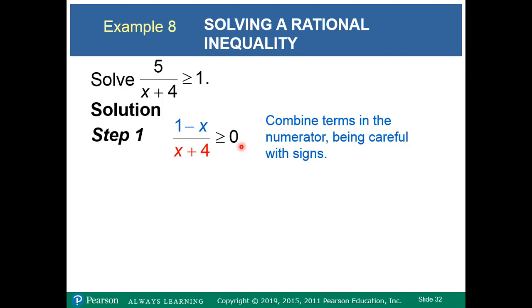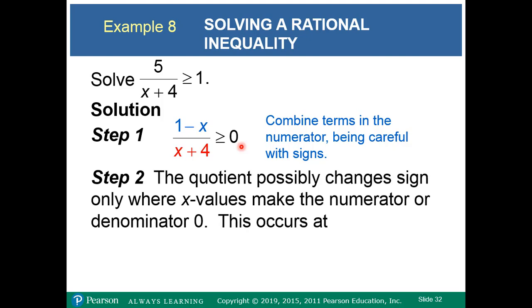So now this is where things become straightforward. The quotient possibly changes sign only where x values make the numerator or denominator 0.